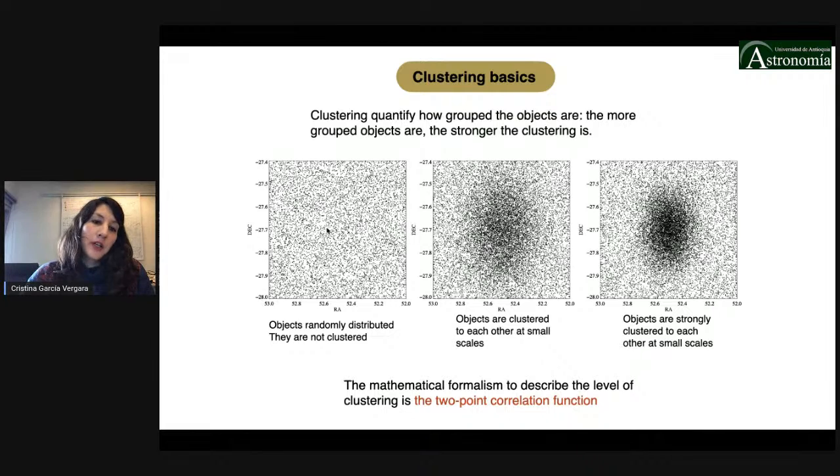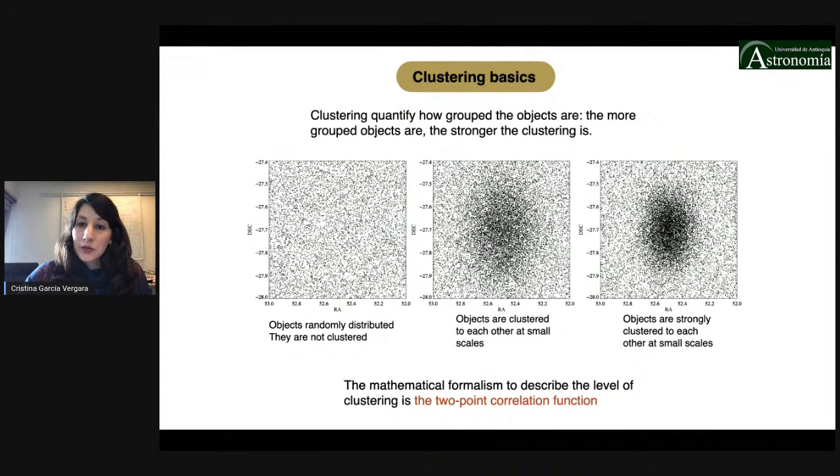In this first panel, we have randomly distributed points. Basically, we can say that they are not clustered at all. In the second panel, you can already see that we have a concentration of points here in the center. Then we can say that the objects are clustered, with a small cluster.